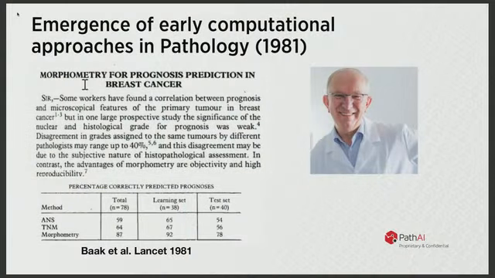This is one of the very first studies that just tried to see, could we train a computer to identify the size of cancer cells through a process they called morphometry here on the bottom, and then could we just use measurements about the size of cancer cells in a very simple model to predict outcome.